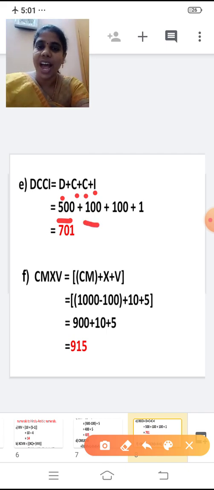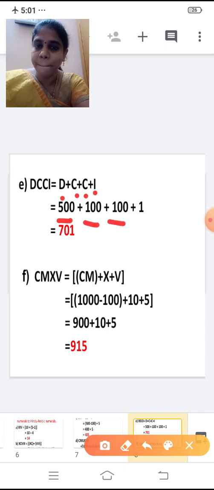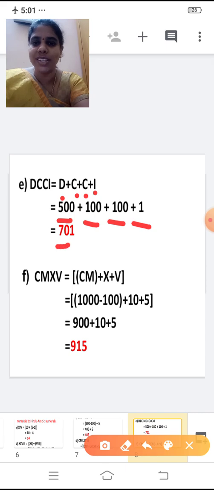Very good, children. And what is the value of C again? 100. And what is the value of I? 1. Now add and tell me the answer now, children. 500 plus 100, 600 plus 100, 700 plus 1, 701. So the answer is 701.